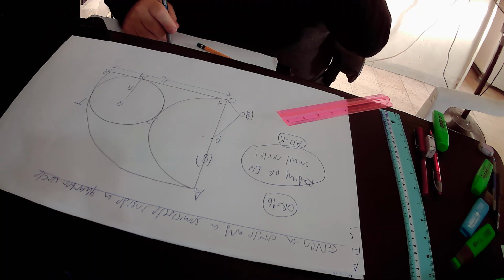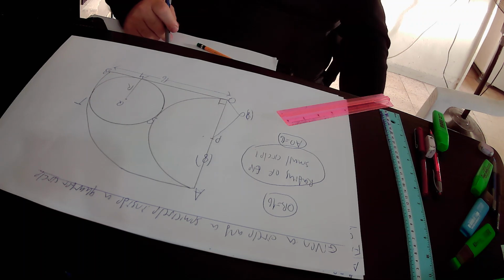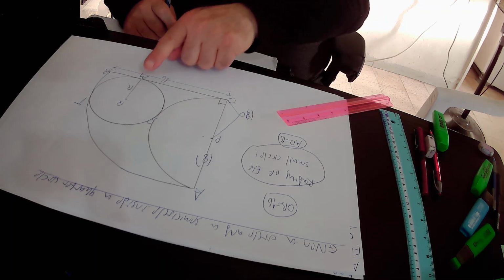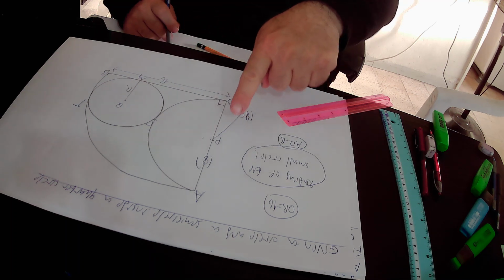Okay, so in the next step, we'll do a construction. That is to say, from point Q, we'll draw a perpendicular to AO.